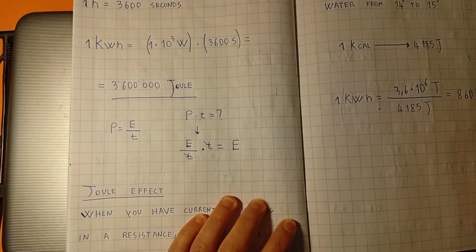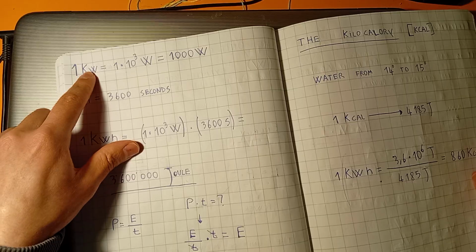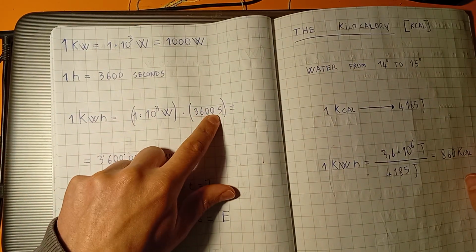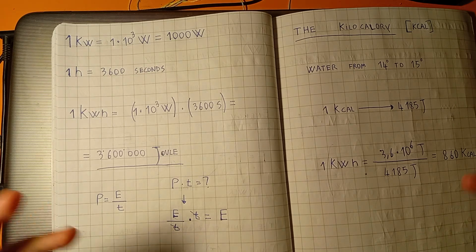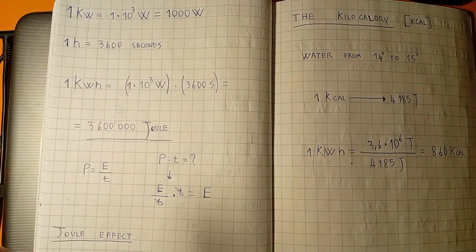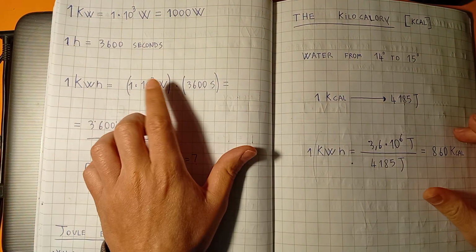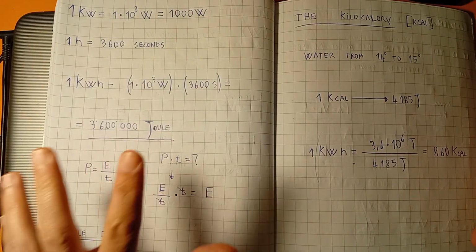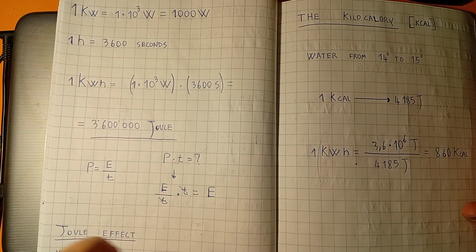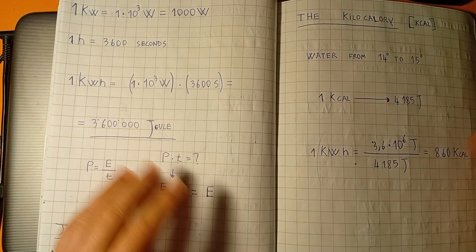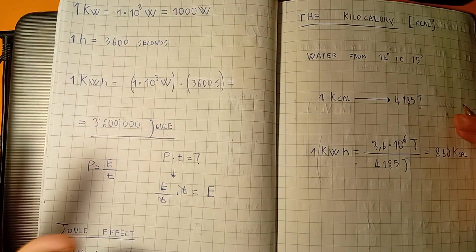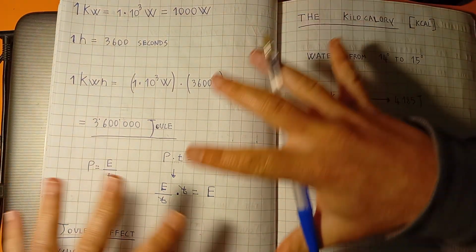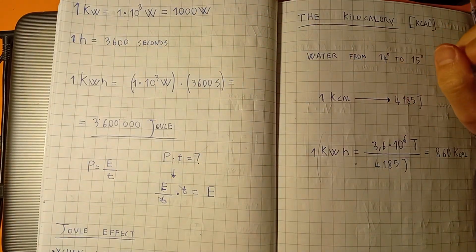So this is why if I multiply power by time, I obtain a measure in energy. And energy could be represented in kilowatt hours or in joule. I multiply power by time and I obtain energy. I hope you have understood this, I hope everything is clear till now.